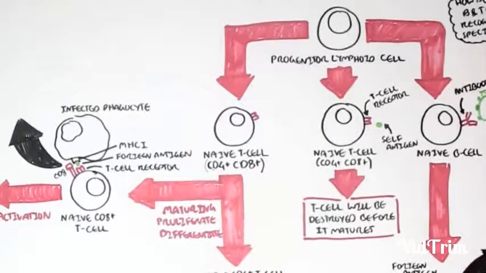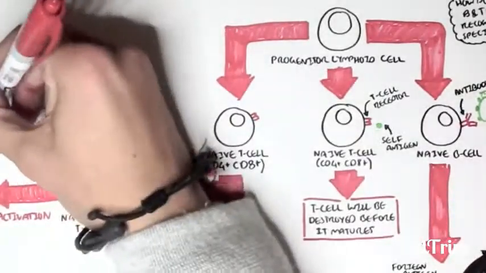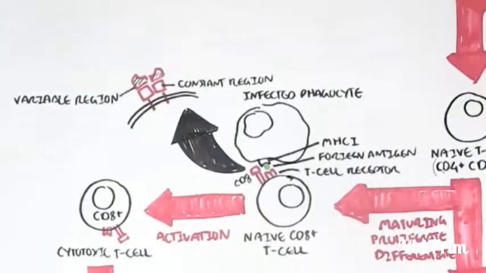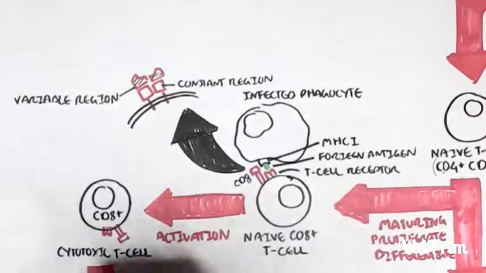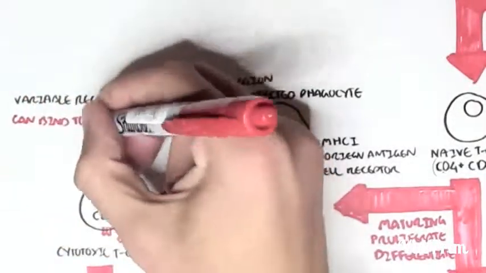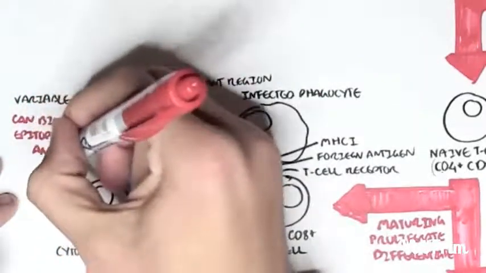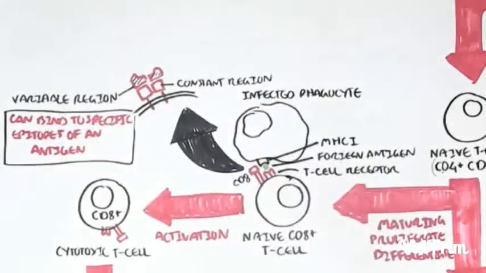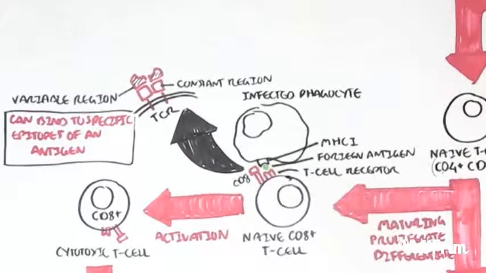The T cell receptor also has a variable region and a constant region, just like the antibody. The variable region also is made up of different amino acid sequences that can bind to a specific type of antigen.